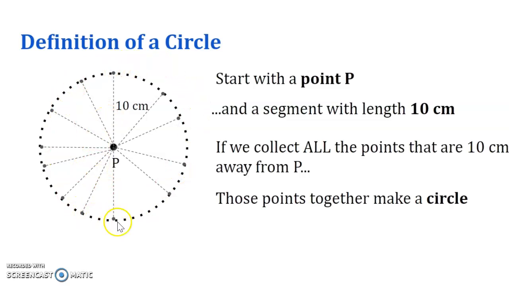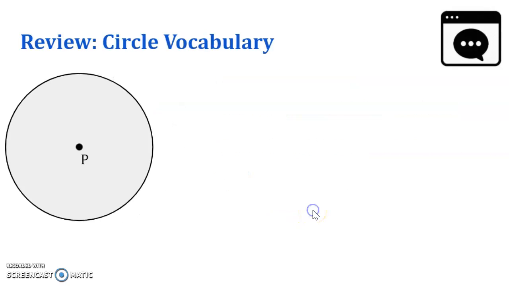If you make an infinite number of points around point P that are exactly 10 centimeters away, it forms a circle.